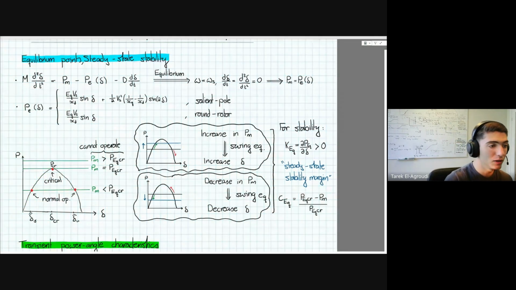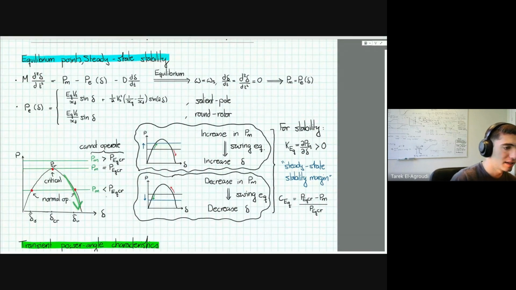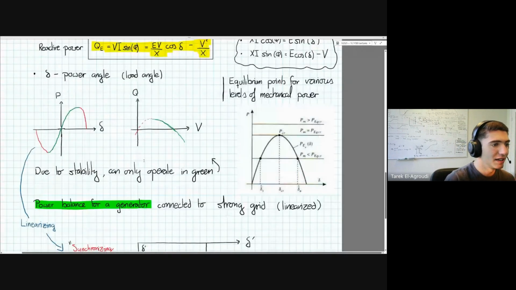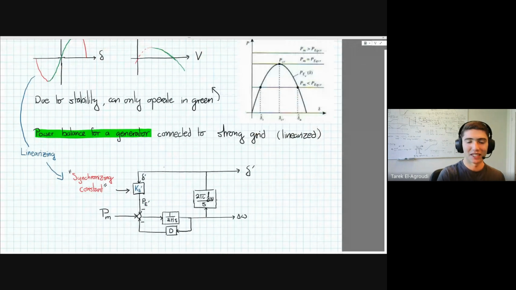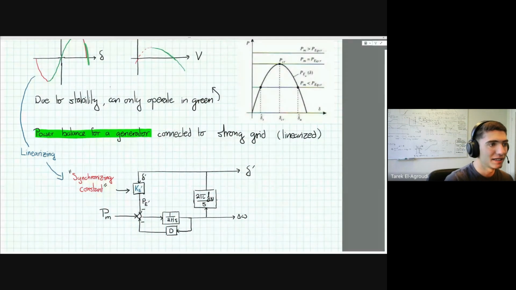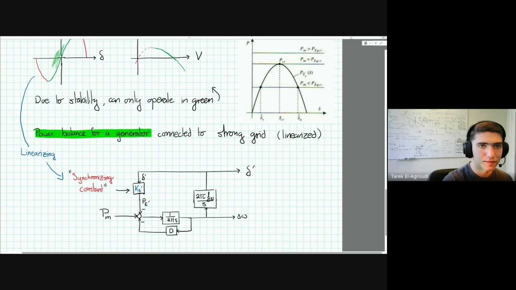So this one is stable, and the one on the right is unstable. And previously, in the very start, I think we motivated that by just some control engineering analog. We said this feedback loop will be negative if this gradient is positive, and it will be a positive feedback loop if this gradient is negative, and that's why you need to be in the positive gradient part to be stable.